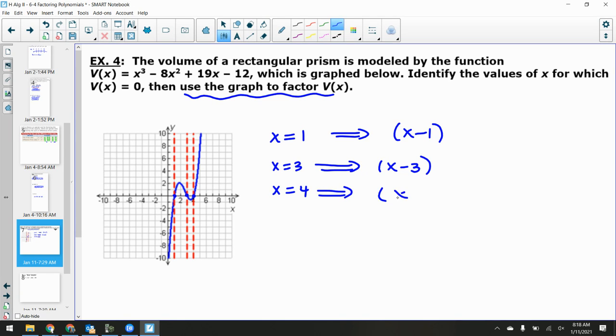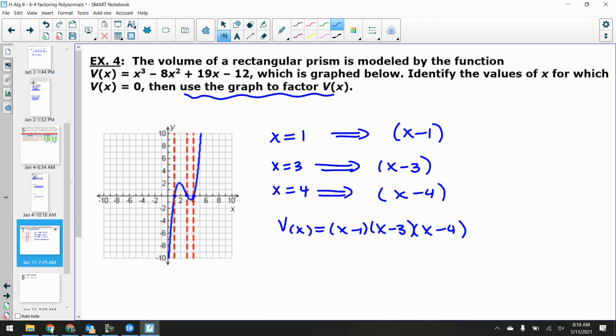X equals 4 would generate an x minus 4 as my factor. So what would give me the entire polynomial? Well, the entire polynomial would be v of x is equal to x minus 1, x minus 3, x minus 4.